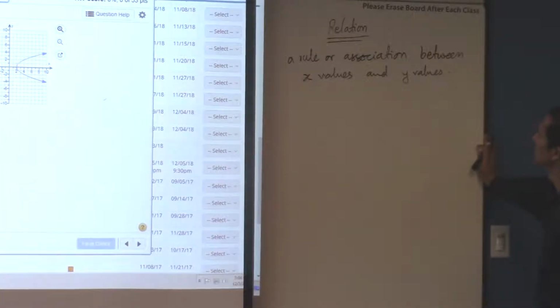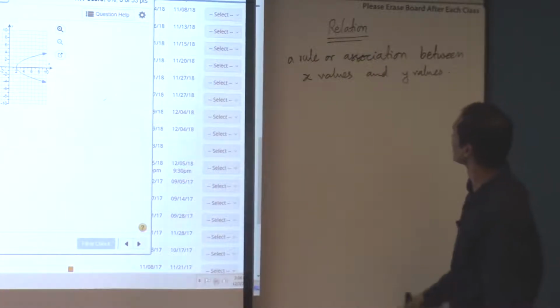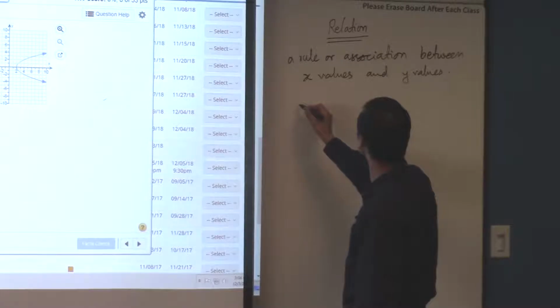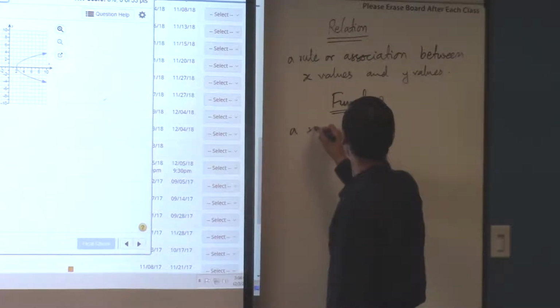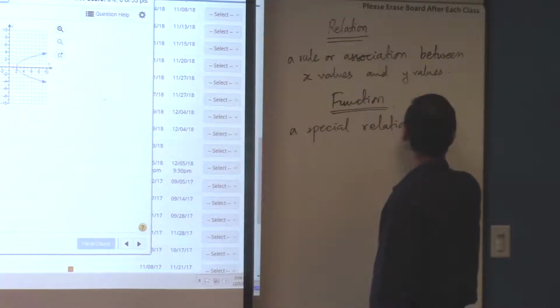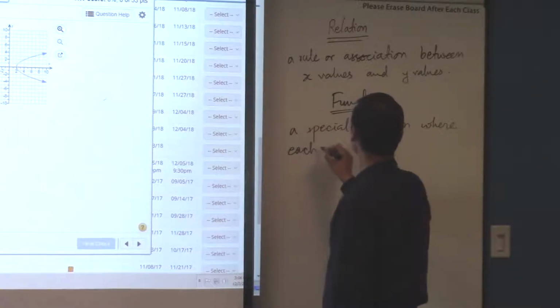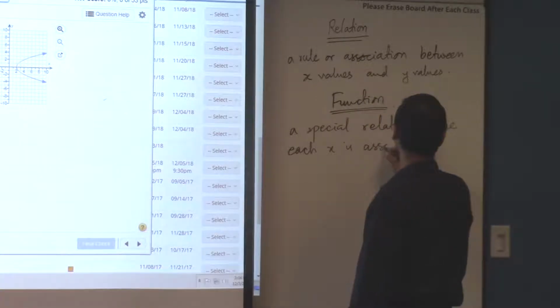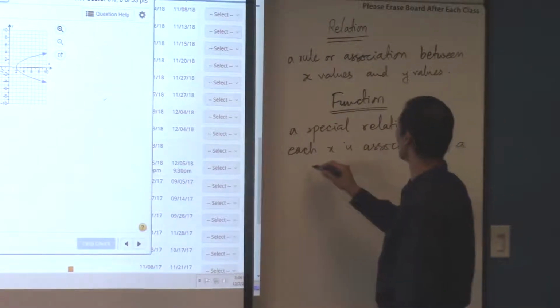Okay? And now, if we require certain criteria for this relation to satisfy, a function is a special relation where each x is associated to a unique y.